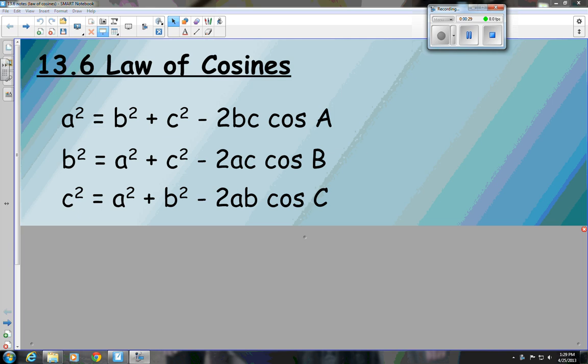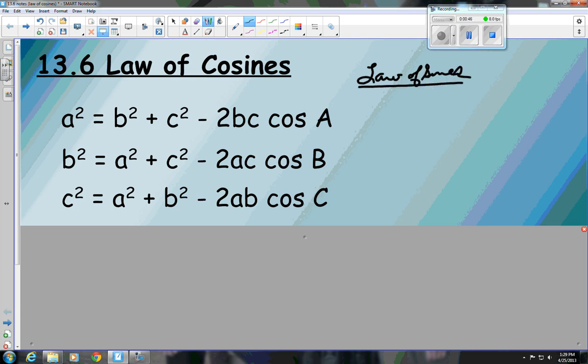Now, I'm going to do a quick review here of law of sines and then do law of cosines. Just to remember, when I have the law of sines, what information can I know and use the law of sines? You need to know 3 things about a triangle. Angle, angle, side.